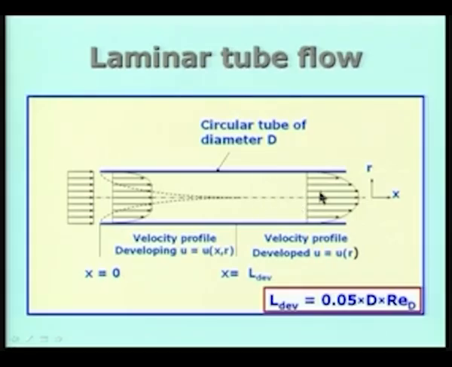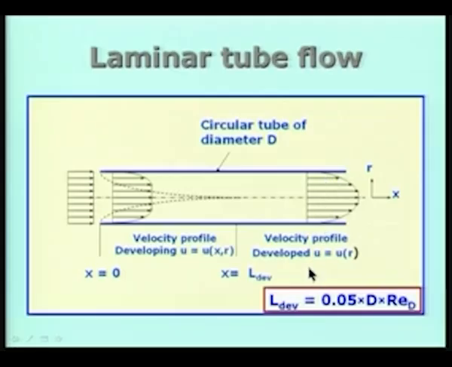The same momentum is crossing any section, and therefore we can in fact prove from fluid mechanics principles that the friction at the wall, the shear stress due to friction, is compensated by the pressure drop along the length of the tube. So, this is the basic reason why we are looking at it.